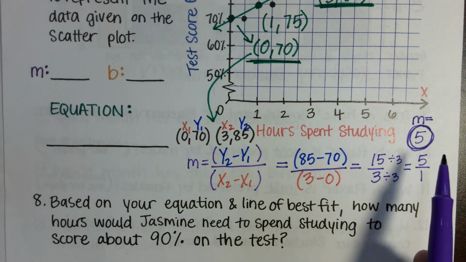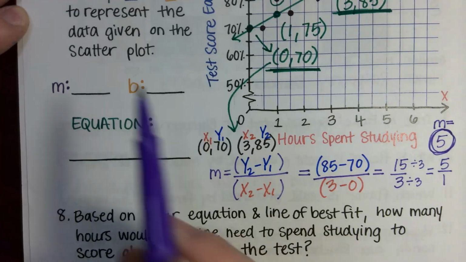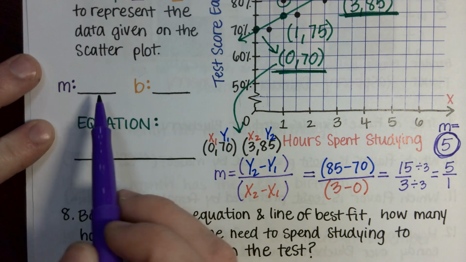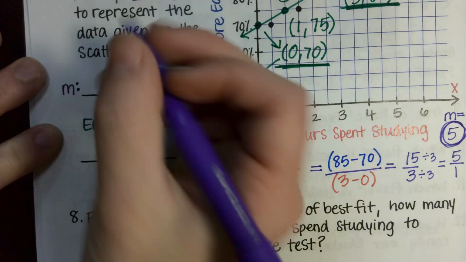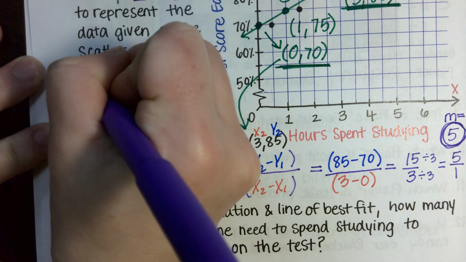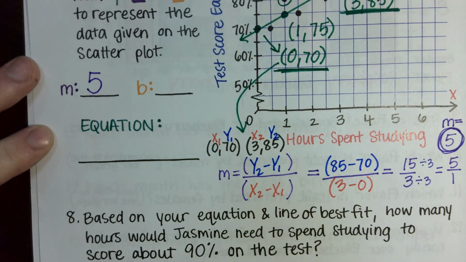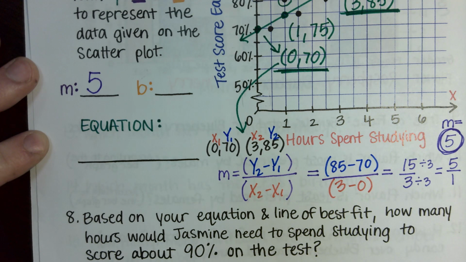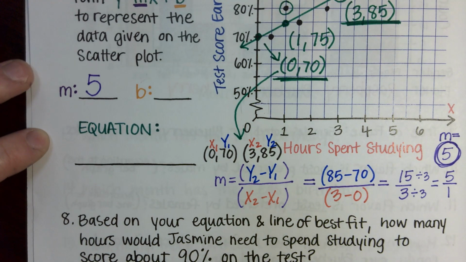Okay, so I'm going to take my slope and I'm going to write it over here. I gave you a spot where I want you to put your answer for slope. So I would put 5 in this case. Okay, now what's our b?